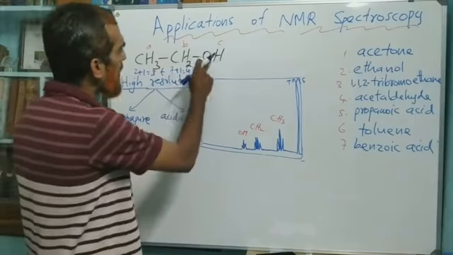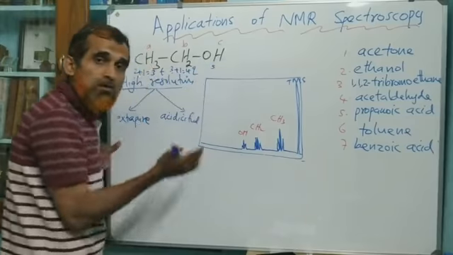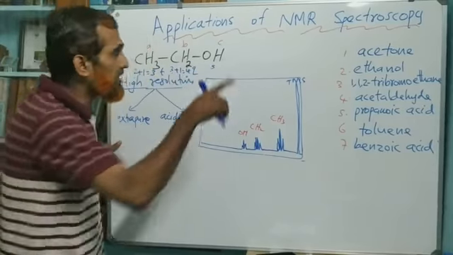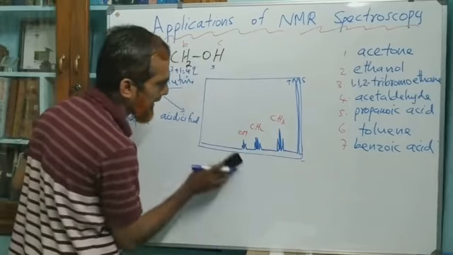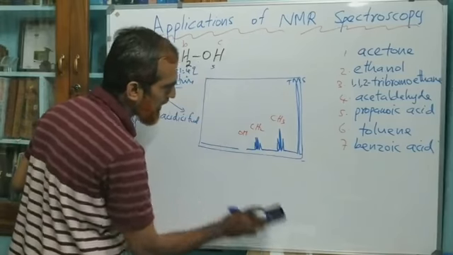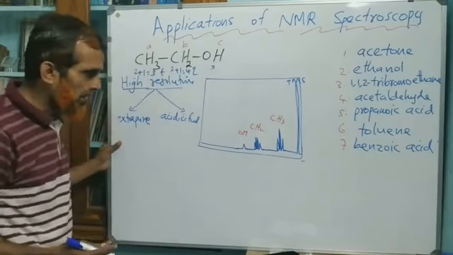Okay, and what about OH signal? OH signal will be there because that proton is there somewhere. So it will appear as a singlet without any coupling. So OH signal will now appear as a singlet, right?